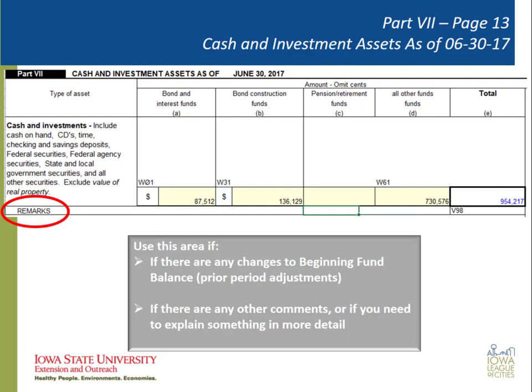You want to make sure that your beginning fund balance is correct with your general ledger. However, it's going to show that it's not the same as your ending fund balance for last year's AFR. So if the beginning fund balance this year is going to be different than what you ended with last year, this is the area where you need to detail out why that has occurred.